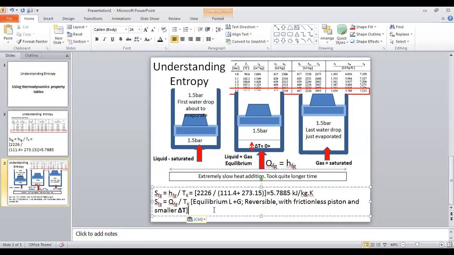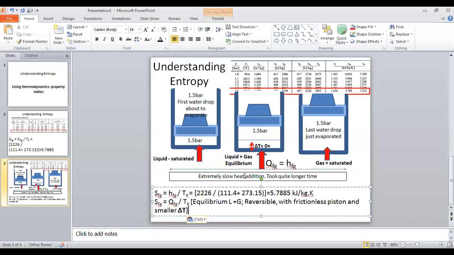So this is the experimental setup that must be in place for the generation of this data: equilibrium liquid plus gas, reversible with a frictionless piston and smaller delta T.